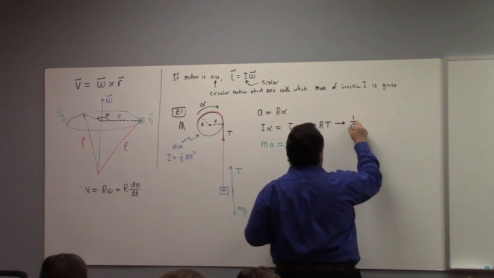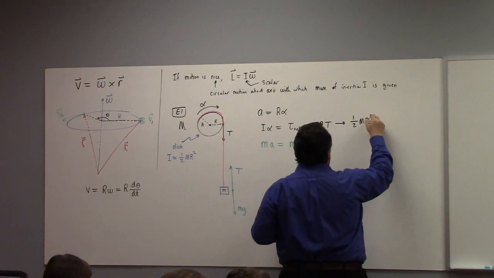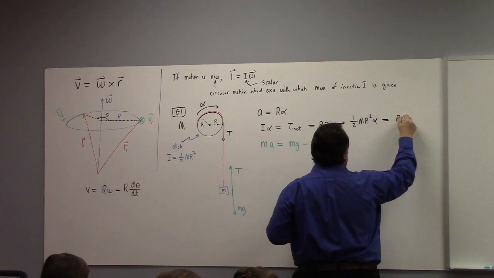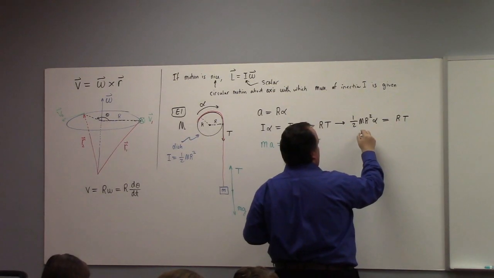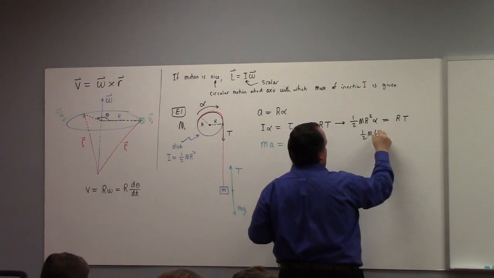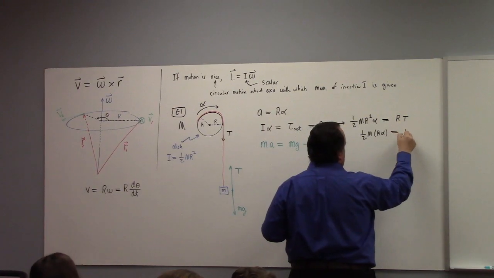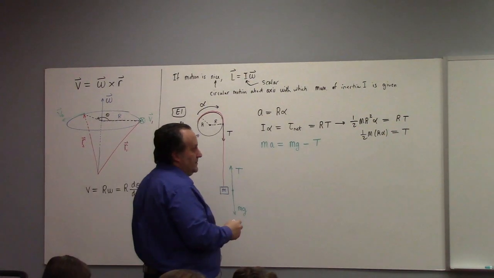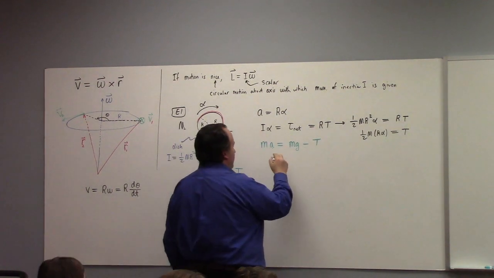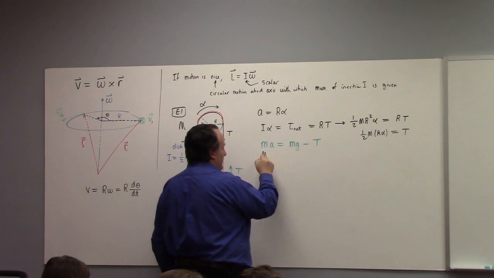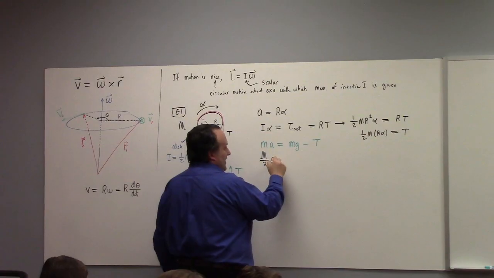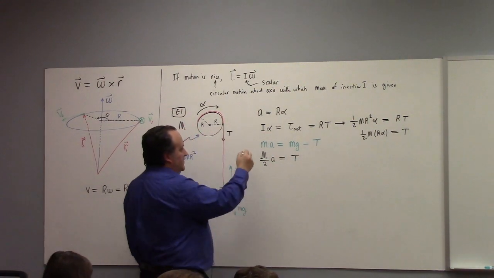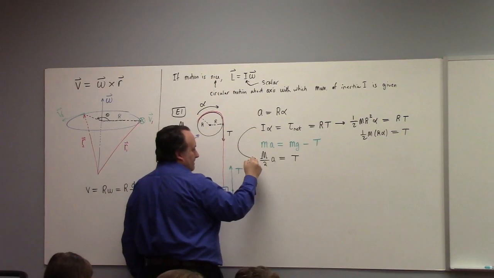This is 1/2 m r squared alpha equals RT, which gives us 1/2 m r alpha equals T. But r alpha is what? R alpha is A, right? So I have big M over 2 times A is equal to T. That's what this becomes.